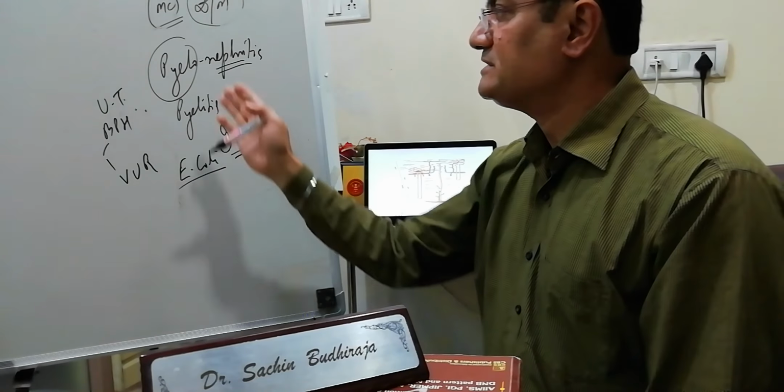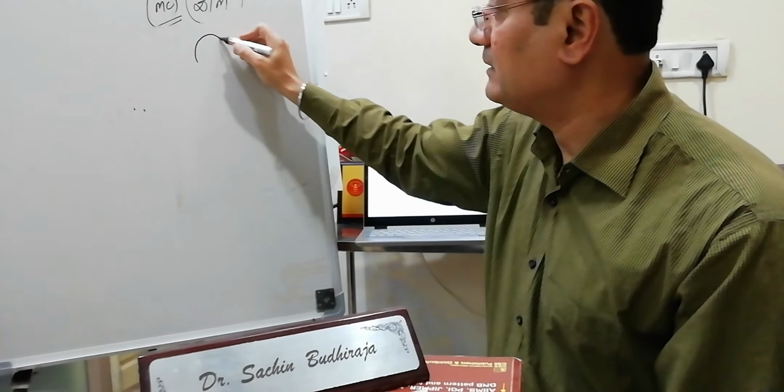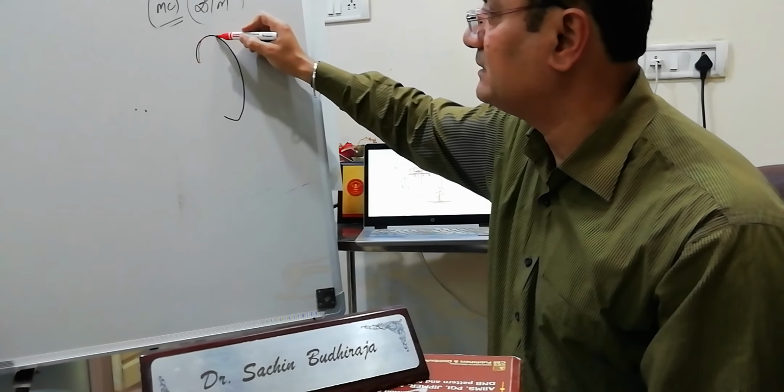So a patient presenting with pyelonephritis has high-grade fever. Because of the inflammation in the renal interstitium, there is swelling, and the kidney is surrounded by a very tough capsule, so there is stretching of the renal capsule.